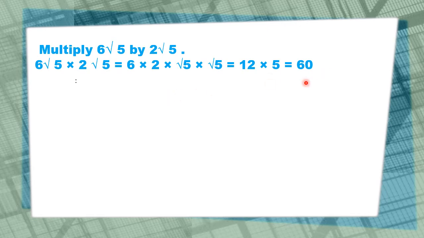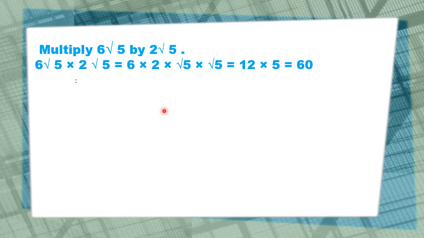Now, here the result is interesting. Why? You can see in the question there are irrational numbers, but your result is a rational number. You see that 6 root 5 is an irrational number, 2 root 5 is an irrational number, but on multiplying these two irrational numbers, you got a result which was rational.